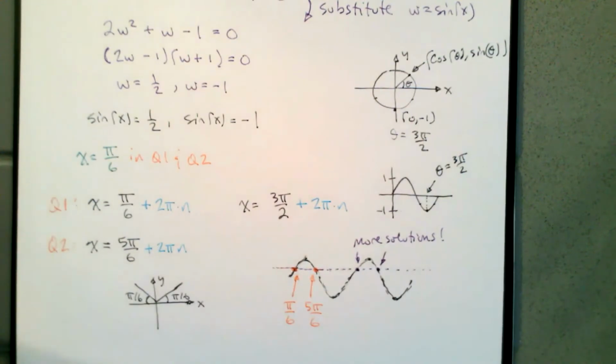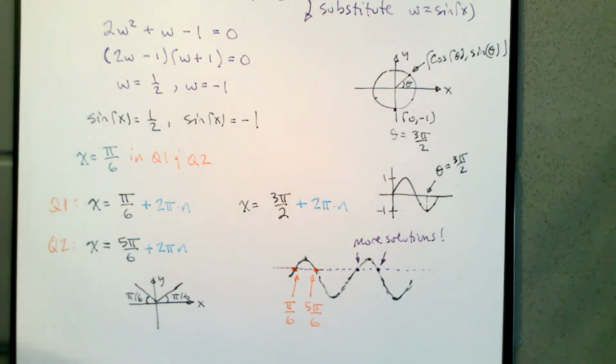So what we're observing when we write plus 2 pi times n is we're acknowledging that there are an infinite number of solutions. And in this case, it's because sine is a periodic function. We see the same thing from 2 pi to 4 pi that we saw from 0 to 2 pi.